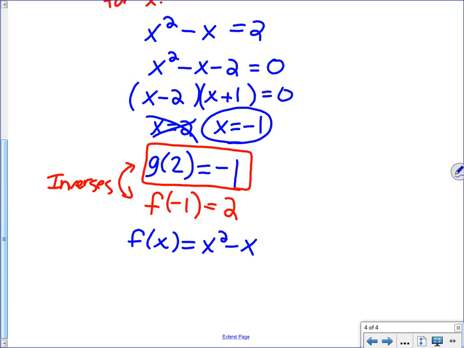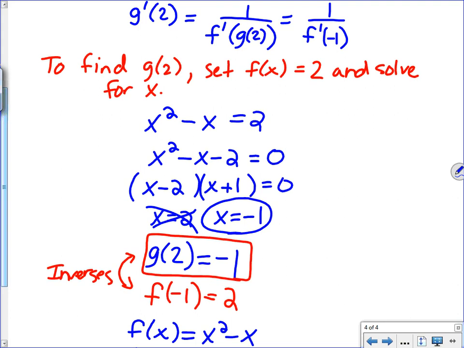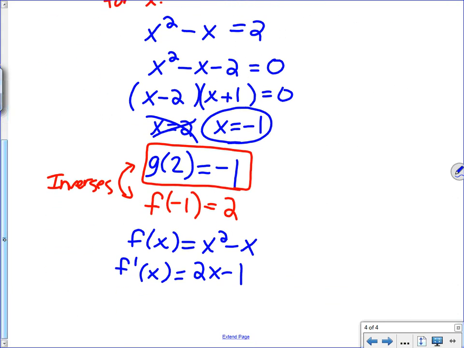Okay, so to find f prime, we're just going to find our derivative using the power rule, 2x minus 1. And then to find f prime of negative 1, which is in our formula, we're going to plug in a negative 1 for x. And we get 2 times negative 1 minus 1.